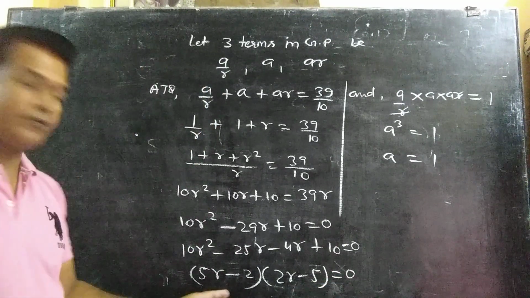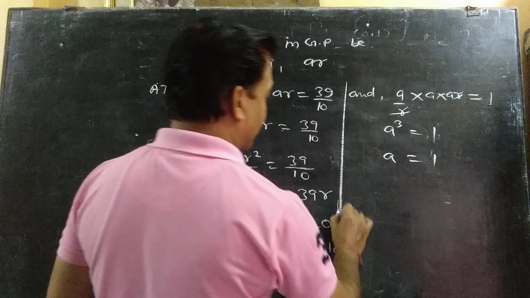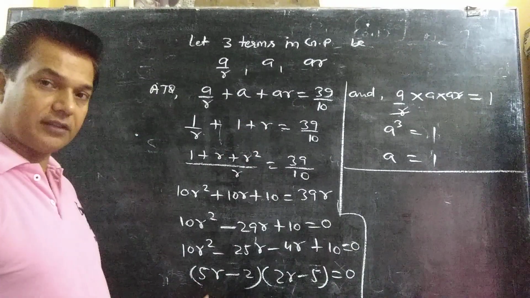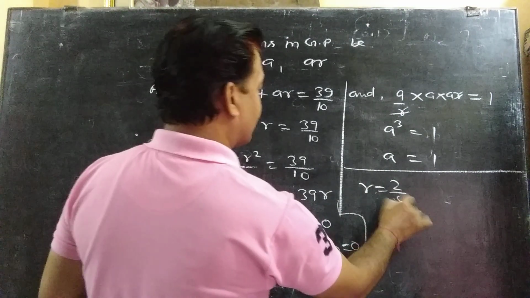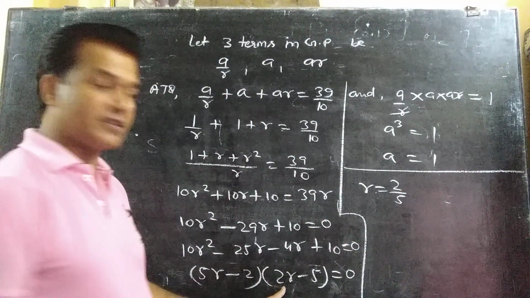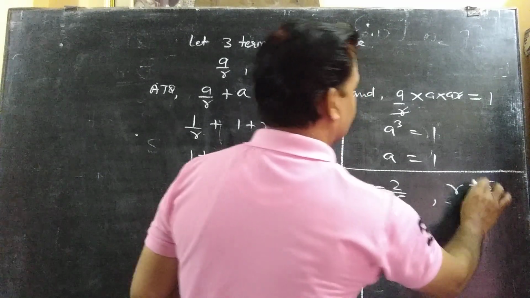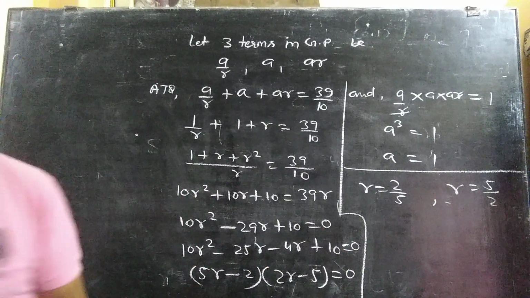We have this kind of expression. अब इससे R की वैल्यू अपने पास आने जा रही है. The first bracket gives us R equals 2 by 5 and the second bracket gives us R equals 5 by 2. This is the way to find out common ratio.